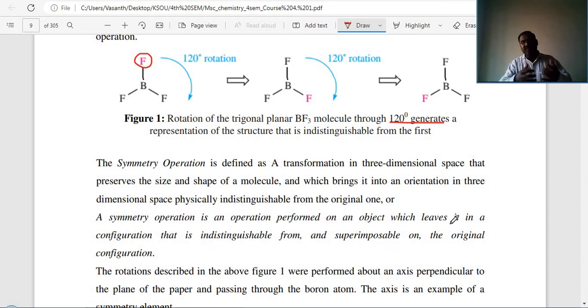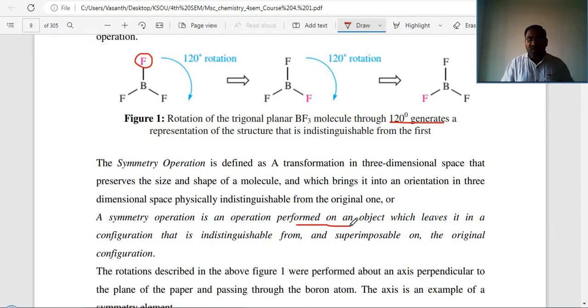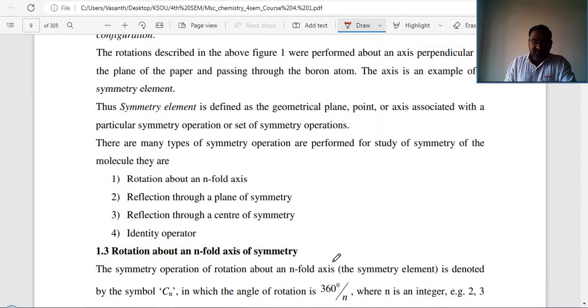How can we define symmetry operations? A symmetry operation is an operation performed on an object which leaves it in a configuration that is indistinguishable from and superimposable on the original configuration. That is the definition of a symmetry operation.